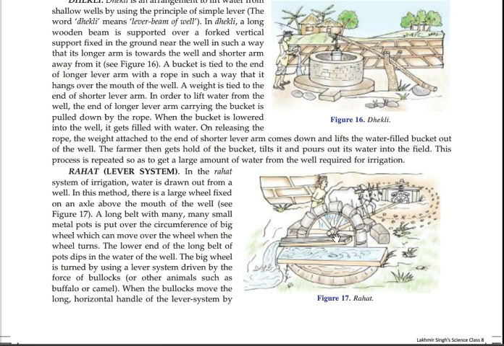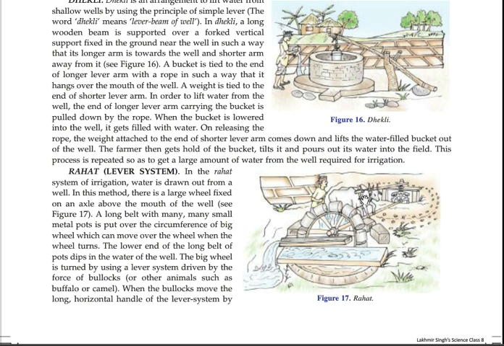The big wheel is turned by using a lever system, which is driven by the force of bullocks.